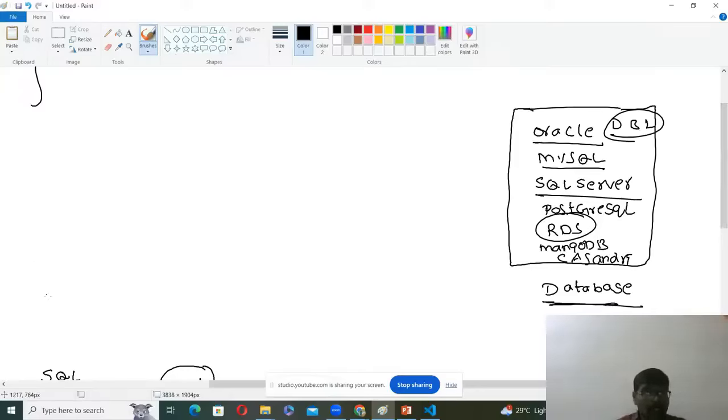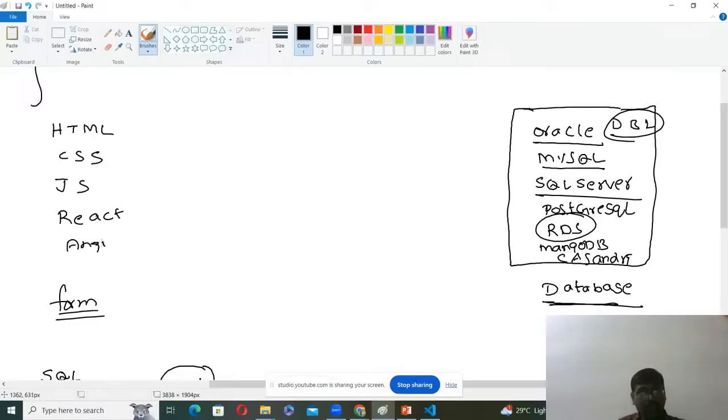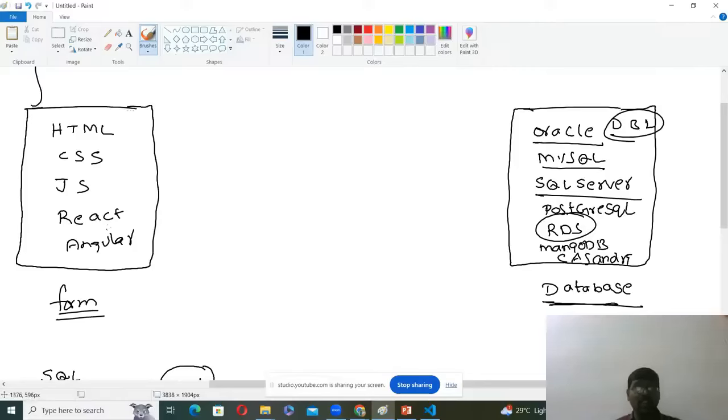Now assume I filled one form. How? By using either HTML or CSS or JavaScript or React.js or AngularJS or Bootstrap. Different technologies are there. So web pages are created by HTML, CSS, JavaScript, whatever it is.